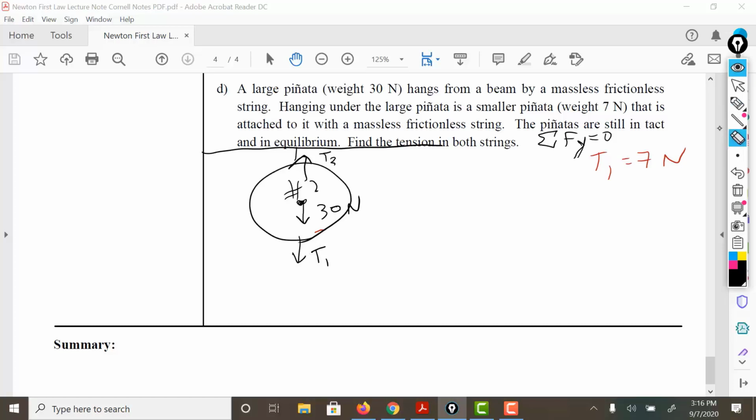Let me draw these with different colors and let me explain that again. We know that the object itself has a weight of 30 newtons. We know there's a tension up here. But from the previous problem, you would recall that there was a piñata down here that weighed 7 newtons, and that was providing tension to the string right here. In the previous drawing, the tension was going upward because it was opposing the weight of this object.